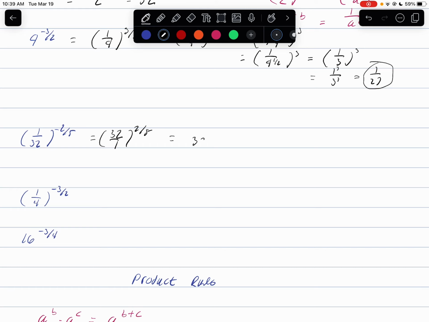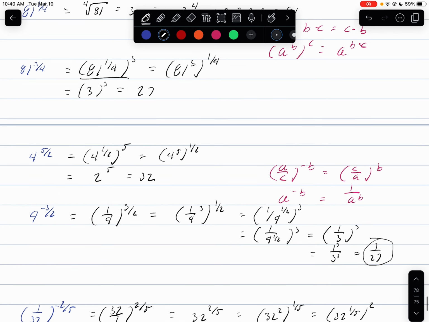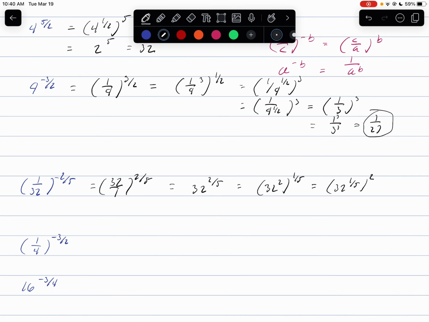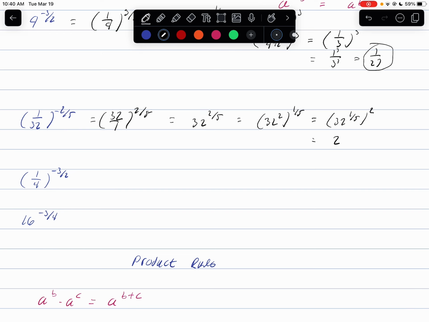We can rewrite this as 32 squared to the 1/5, or you can rewrite this as 32 to the 1/5, the 5th root, raised to the 2, or squared. Again, I'm thinking that's the way to go, because we know that the 5th root of 32 is going to be 2. So this is going to become 2 squared, which is just 4. So that was not too bad.